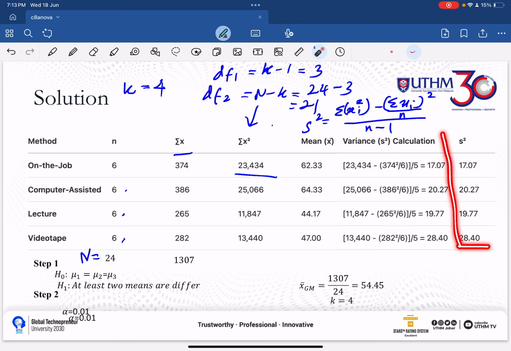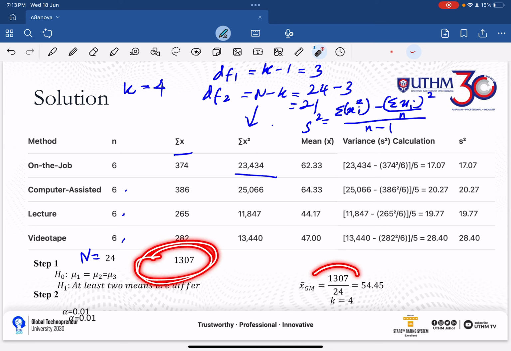So these are the variance for each group. Right. And then again, I forgot, you need to calculate the mean for all, the grand mean. Okay, for all of this. So the summation of x is 1307 divided by the n is 24. So this is our grand mean, 54.45.